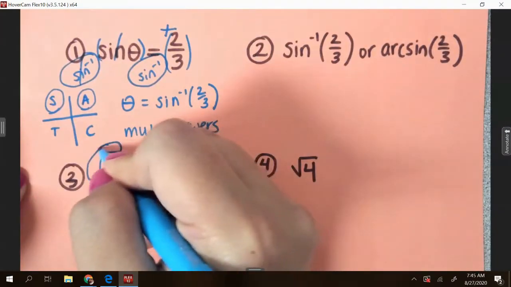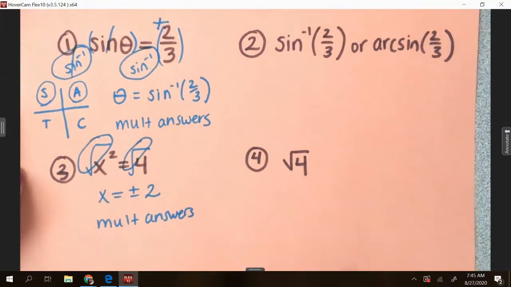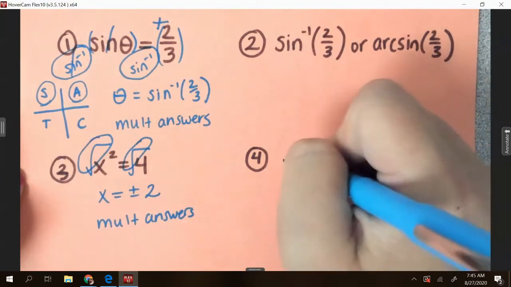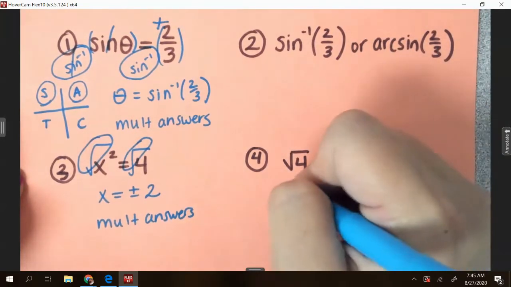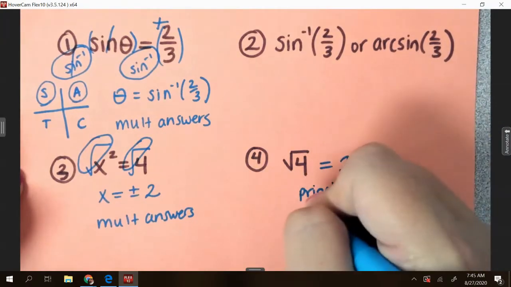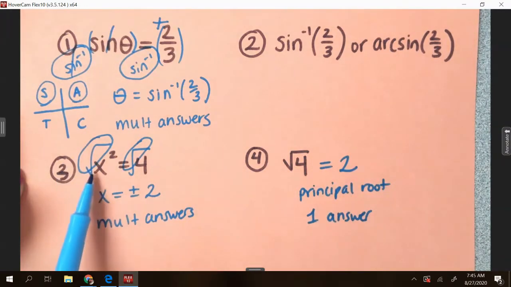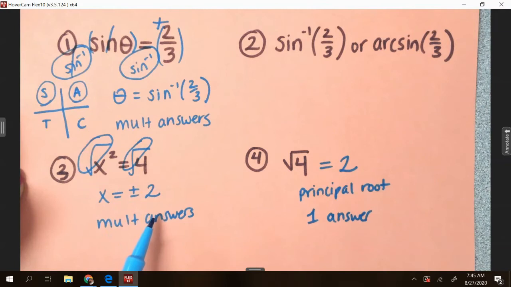Here I had to write the square root in by myself, and so I had multiple answers. Now take a look at square root of 4. What is the square root of 4? The square root of 4 is just 2. We're just looking for the principal root or one answer here. Do you see the difference? When I wrote the square root in myself, I had 2 answers.